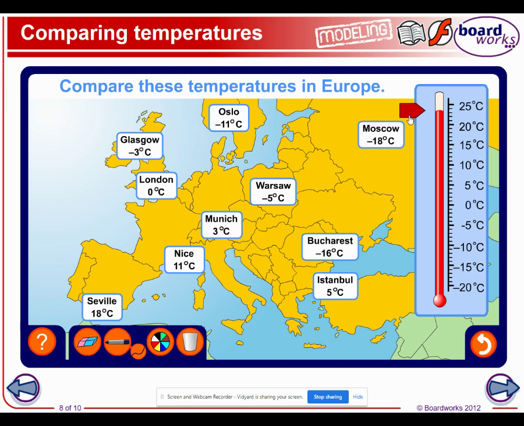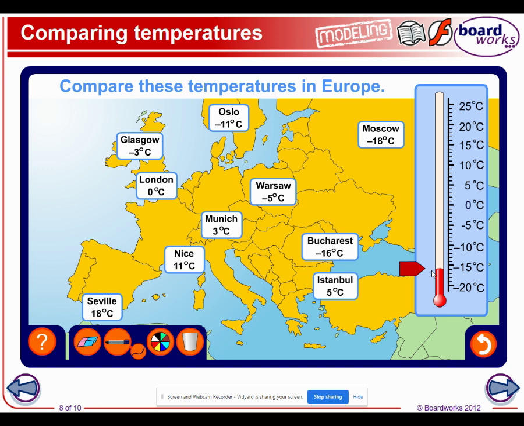All right, so if we go to our thermometer here, we look and see that our coldest temperature is going to be -18. So here's 0 on the thermometer, and -18 would be 15, 16, 17, 18. So -18 would be right about there. Then we have -16, which would be right there.